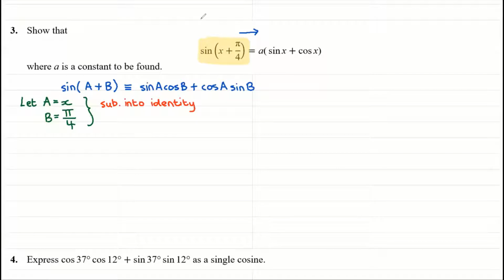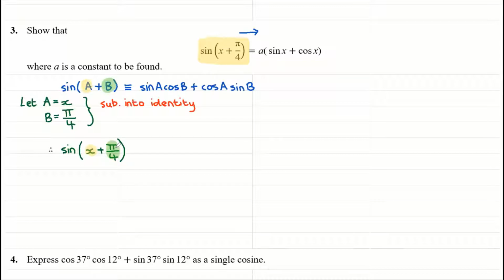So we'll sub A and B as X and pi over 4 across the whole thing. So therefore, again, the left-hand side is dealt with, isn't it? So that's going to be X add pi over 4. Just a straight swap for those A and B. No problems there. A is X, and of course B is pi over 4. Everything's positive, so nothing to worry about there.